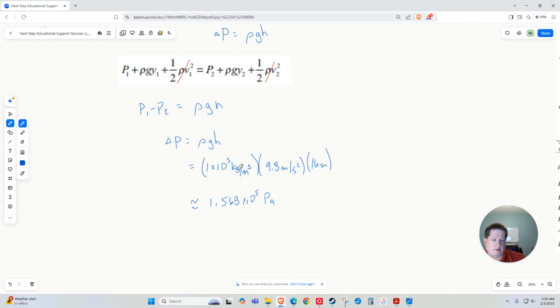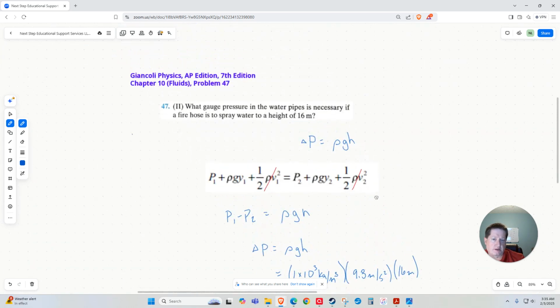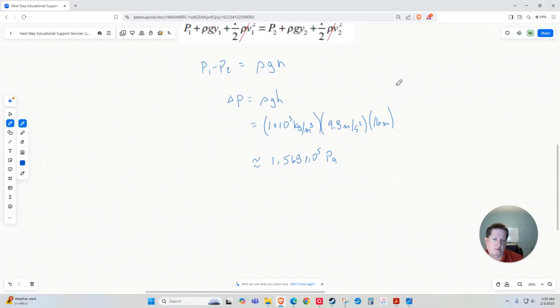If you take this kilogram here and that meter there to cancel out one of those meters, you get a kilogram meter per second squared, which is a Newton, divided by a square meter, which is an area, a Newton per square meter, which is a Pascal. That's where that comes from. So with our significant figures, we'll round that to two significant figures. Our differential pressure, or gauge pressure, will be approximately 1.6 times 10 to the 5th pascals.